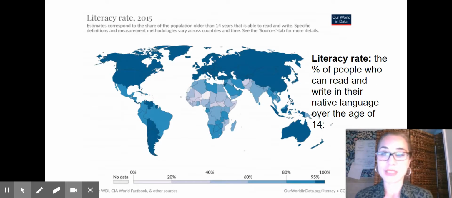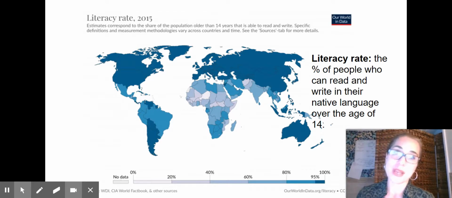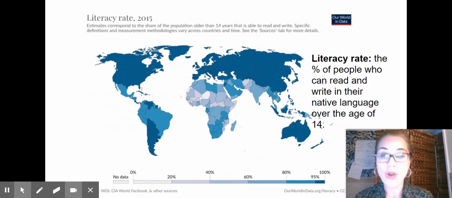All right, let's talk about literacy rate. This is a measurement of the percentage of people who can read and write in their native language over the age of 14. Okay. How does access to education connect to a high standard of living?